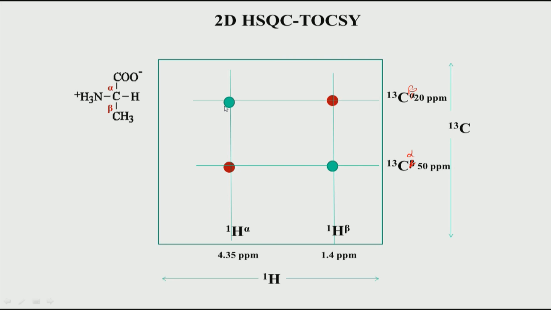Remember the word spin system, which is very important to understand in TOCSY. So, the complete spin system will appear in the line of a given carbon peak. Similarly, if you go to any other carbon in the same molecule, you will get a full line of the full spin system which will show up.